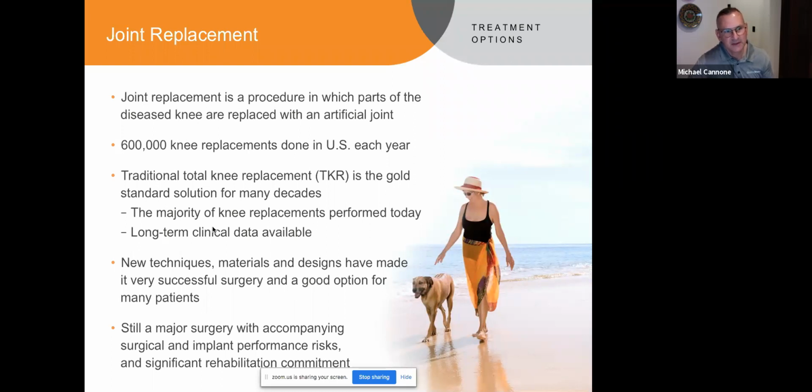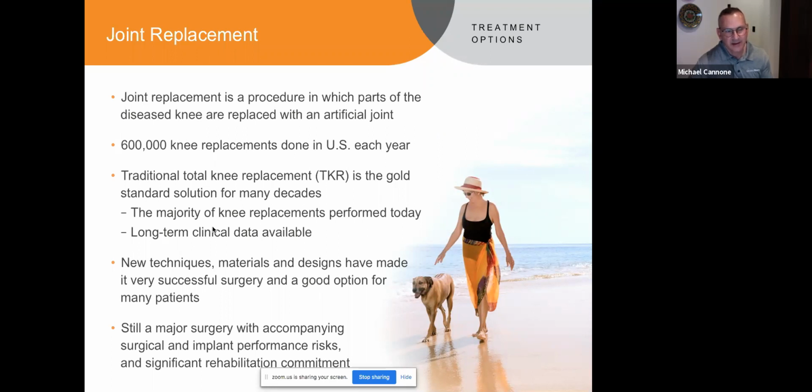Traditional total knee replacement, which is what I've done for years, is considered the gold standard, and the majority of knee replacements performed today are traditional knee replacements. Some physicians are working with robotic knee replacements. I'm not certain that there's any advantage to robotics as of yet, but there are physicians in our group that are doing them. If you're interested in that type of procedure, we can get you in touch with them.